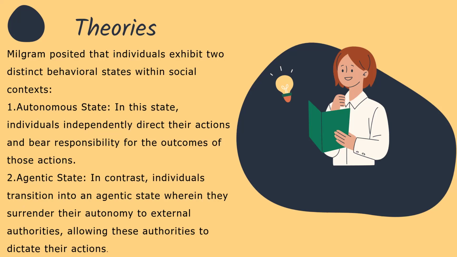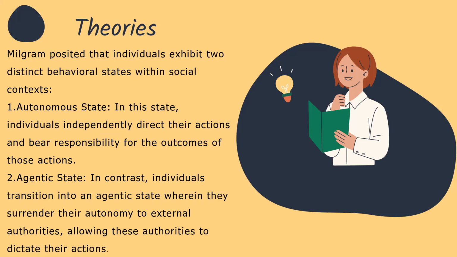And agency theory. This theory, proposed by Milgram himself, suggests that people have two modes of behavior: the autonomous mode, where individuals act according to their own volition, and the agentic mode, where individuals defer to authority figures and feel less responsible for their actions. And that's how Milgram showed that participants shifted into the agentic state when instructed by the experimenter.